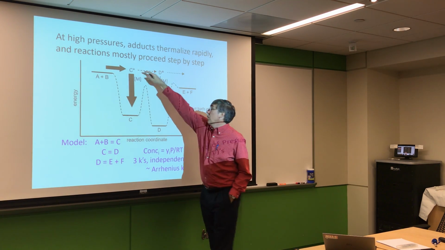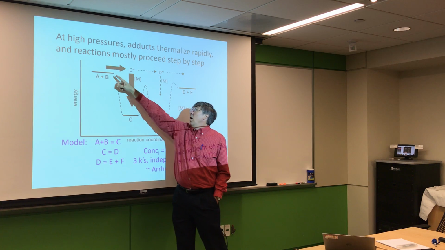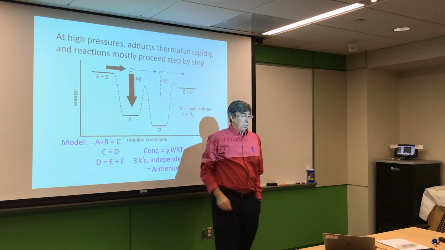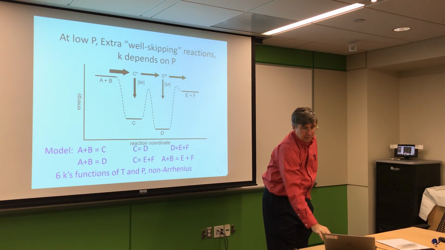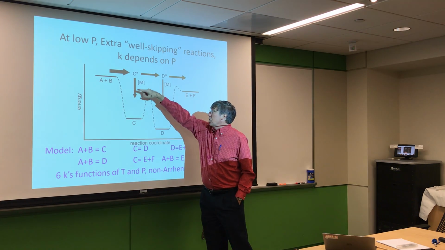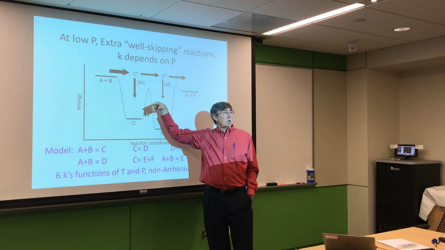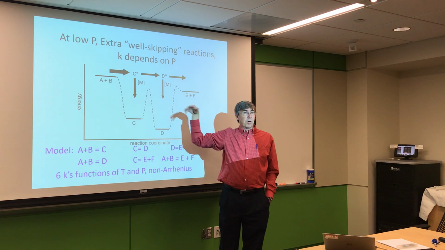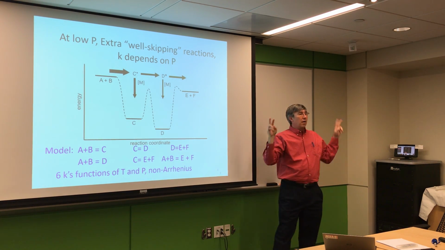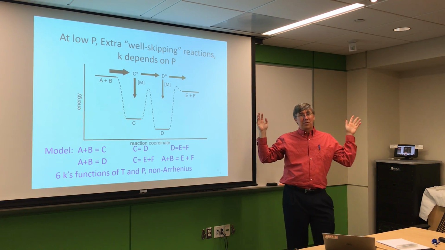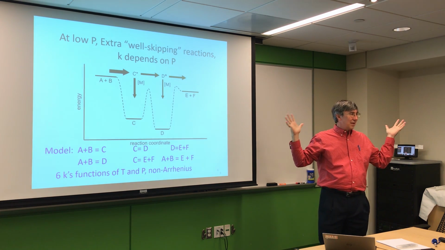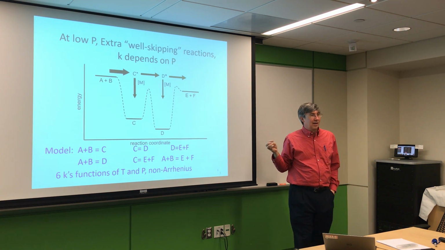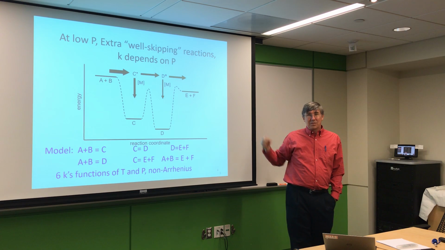At high pressure, it's all going to C. Everything that comes in goes to C, but in this case, only a little bit goes to C. So it looks like the rate coefficient for A plus B to C got slower as we lowered the pressure, and that effect is called fall off. The rate coefficients sort of fall off. They stop being as fast as they used to be as you lower the pressure, which is slightly bizarre, but that's what's going on.